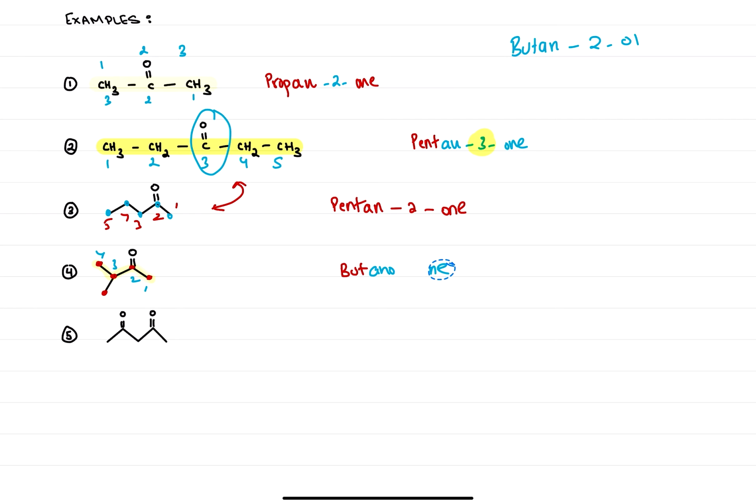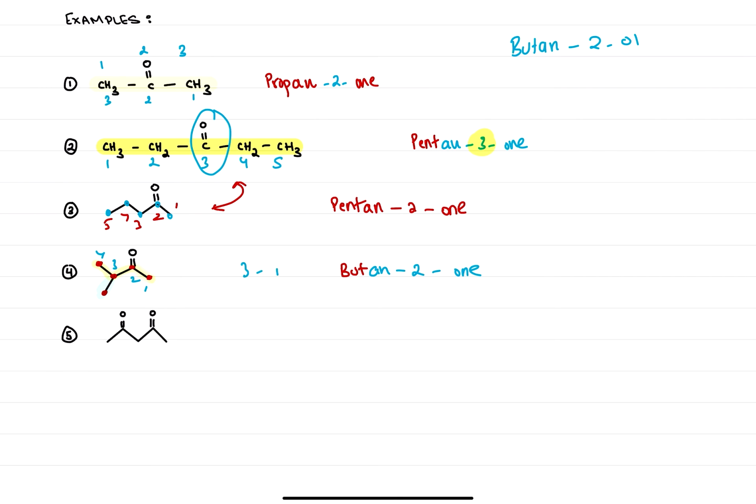So I'll break apart this molecule's name and mention in the middle that this thing right over here is butan-2-one, or sorry, not butane, it's butan-2-one. And then remember that there's still a methyl group located over here, so I have to mention that as well.